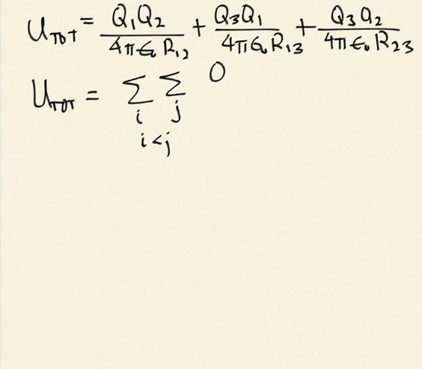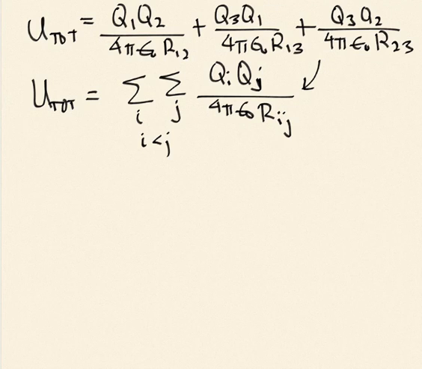And then I'm going to have Qi Qj over 4 pi epsilon naught Rij. Okay, so this is the generalization of the above expression.